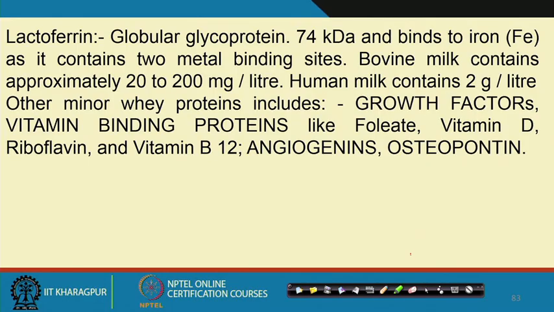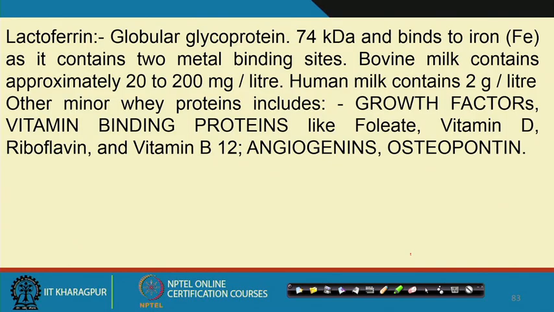Other minor proteins include some growth factors. There are many growth factors in our body system. I repeatedly said that you should consult the book of biochemistry by Lehninger, where you will see different types of growth factors. Those growth factors are also part of the whey protein.